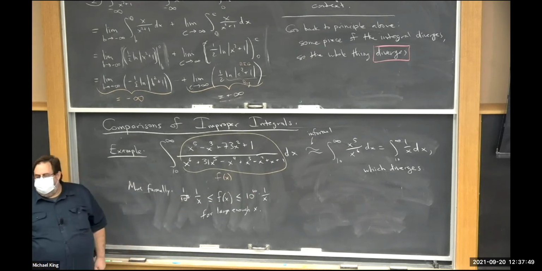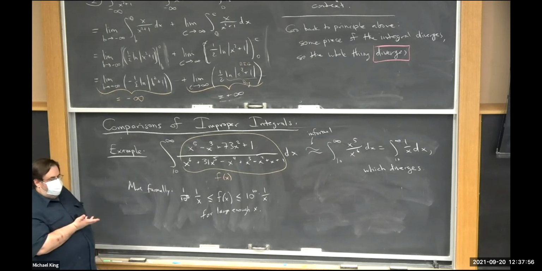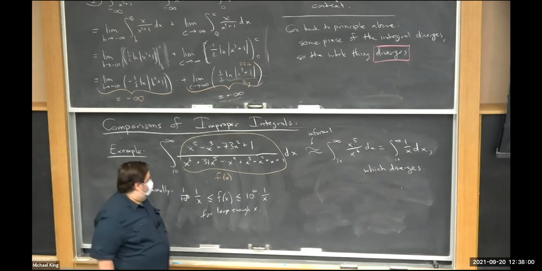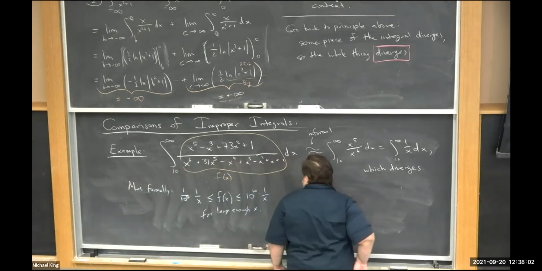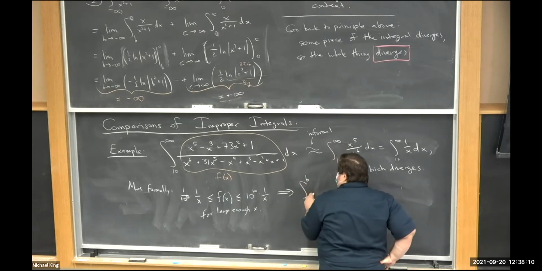Right? I think it was believable in the video, the examples I showed you. So maybe this is less obviously believable because it's so complicated. But there is something here. So then if you integrate all three of these from 10 to b, say, I can pull the 1 over 10 to the 10th out of here.